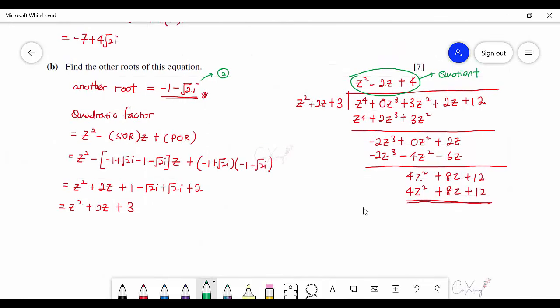So when I let z power 2 minus 2z plus 4 equal to 0, you will realize that we are not able to factorize it. So to get z, you need to apply the quadratic formula, which is negative b plus minus square root of b squared minus 4ac, divided by 2a.